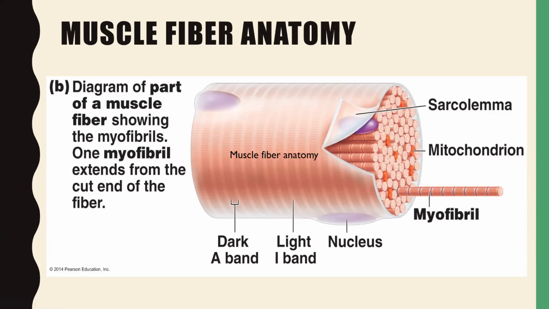But what if you can't contract your muscles anymore? You're paralyzed, or you're not eating and you're starving to death or something. What's going to happen is that these myofibrils are going to be lost. And even if you were working out a whole lot and then you stopped working out, your body will consume the extra myofibrils, because it's too expensive energy-wise to maintain more myofibrils than you need.